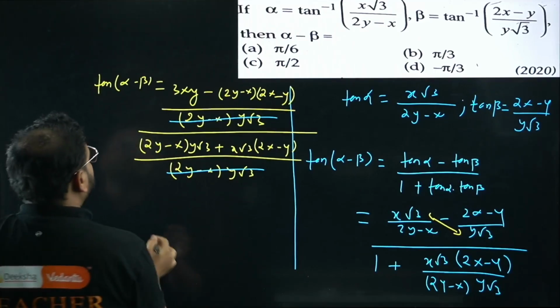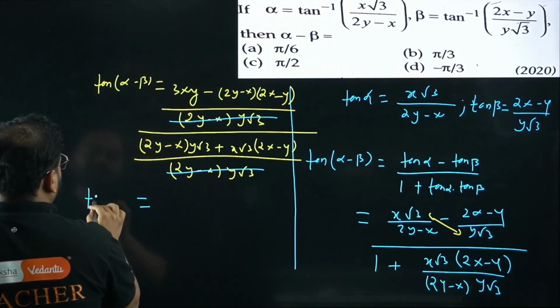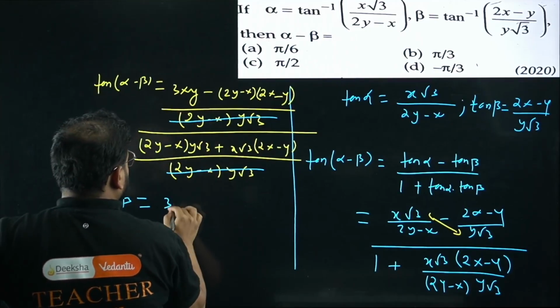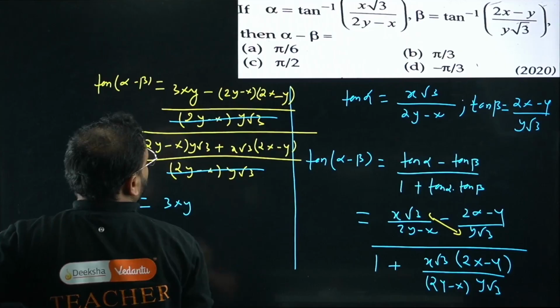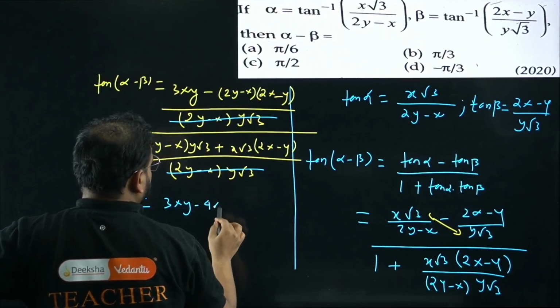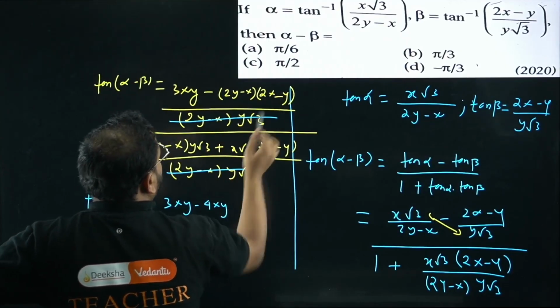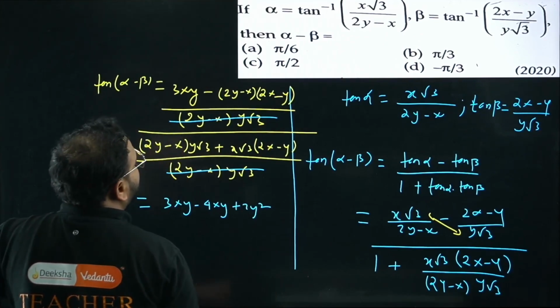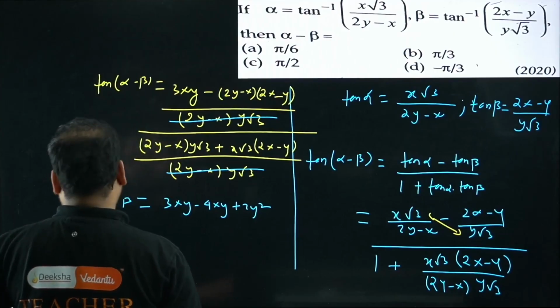Now I can simplify. Tan of alpha minus beta: 3xy is as it is. Multiply 2y into 2x, you get minus 4xy, and minus 2y into y becomes plus 2y square.